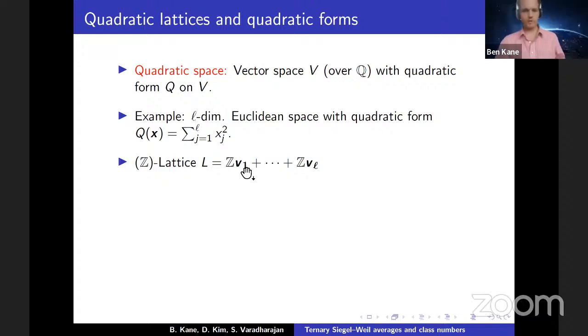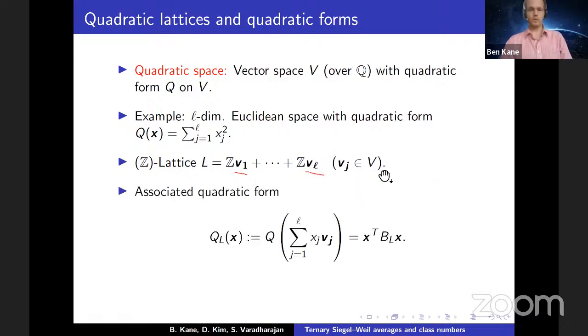We can form a lattice by taking some vectors v1 through vl and taking the lattice spanned over Z by those vectors. We're going to assume that we have L independent vectors, so that if we take the tensor with Q, we should get the whole space. So my lattices will always be of that type.